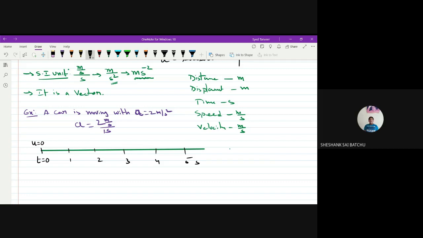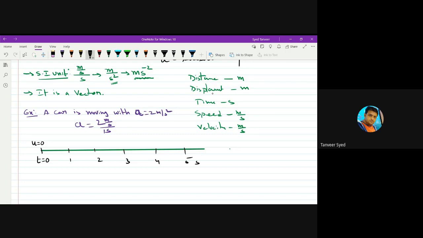It is changing by 2 meters per second. Not 2 meter, because meter is a unit of distance or displacement. We are talking about velocity, 2 meters per second. So here velocity of that body is changing by 2 meter per second every second. That's why we say that its acceleration is 2 meters per second square.